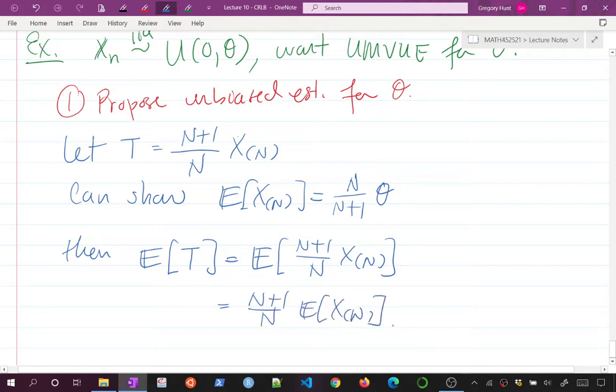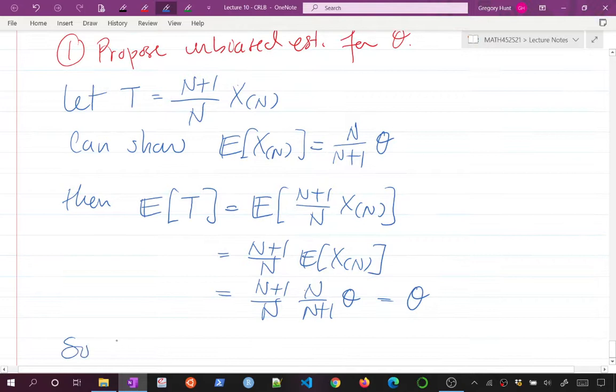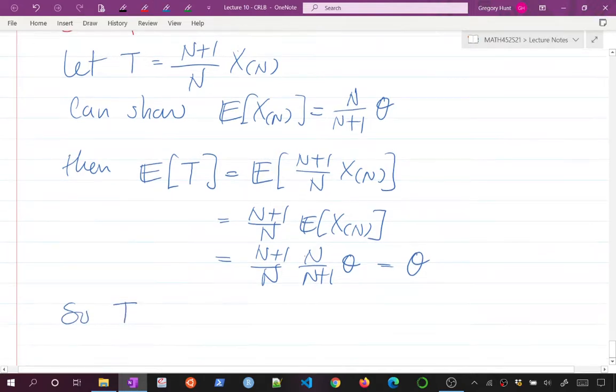I've just multiplied by a constant to make this unbiased. It's n plus 1 over n times n over n plus 1 theta, which is theta. So T, an adjusted version of the maximum, is unbiased for theta. That's step one. We have an unbiased estimator for theta.